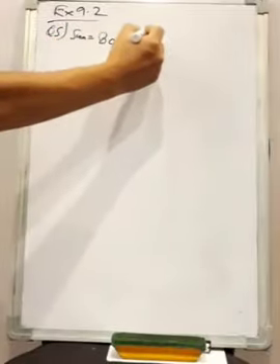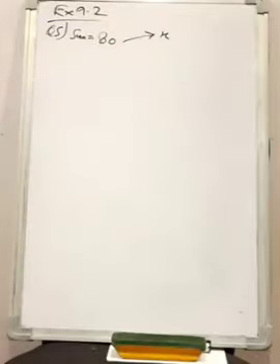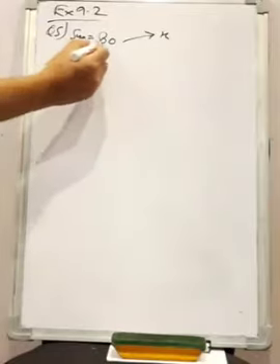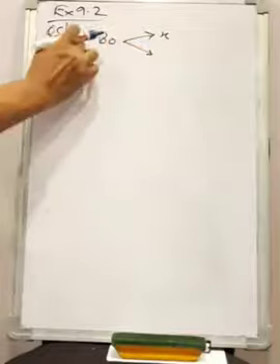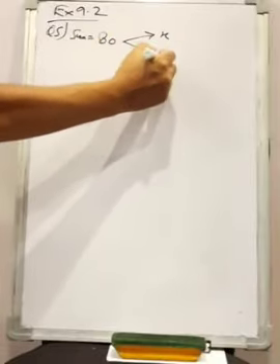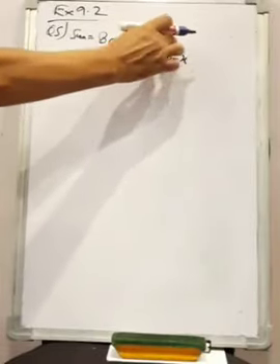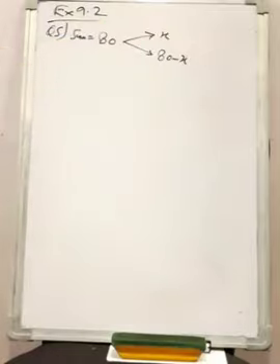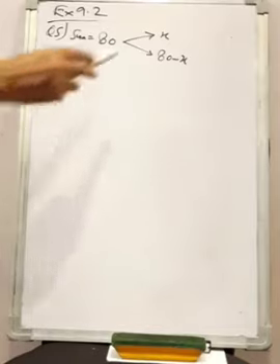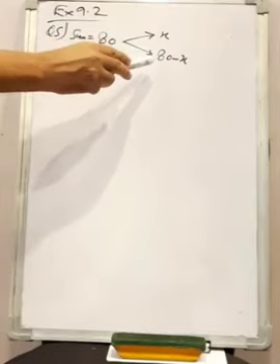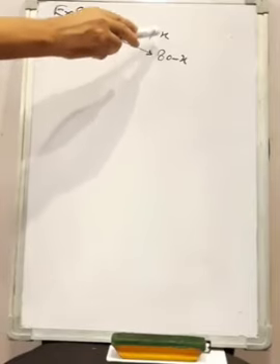If we let one number be x, and since the sum is 80, the other number will be the sum minus this number, that is 80 minus x. So the two numbers are x and 80 minus x. Now the question says the greater number is 11 greater than twice the smaller number.